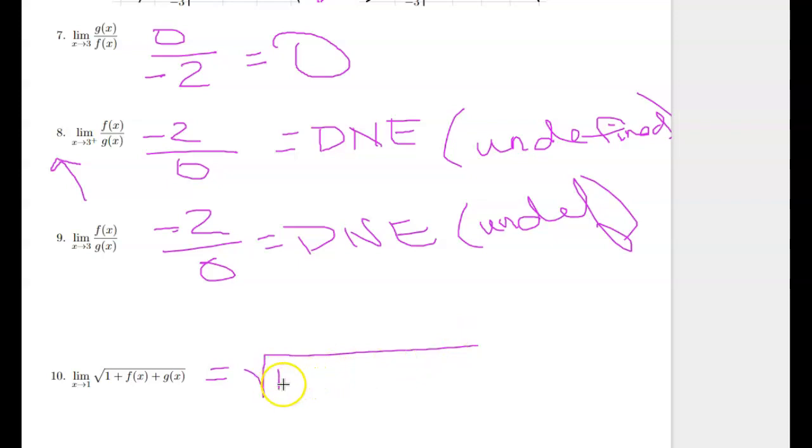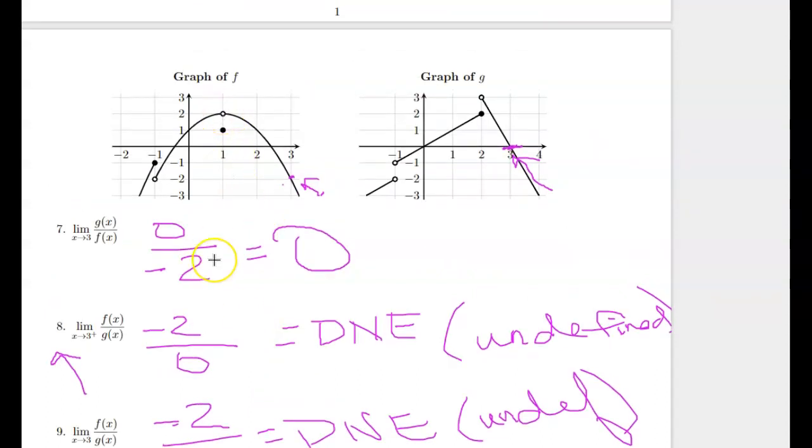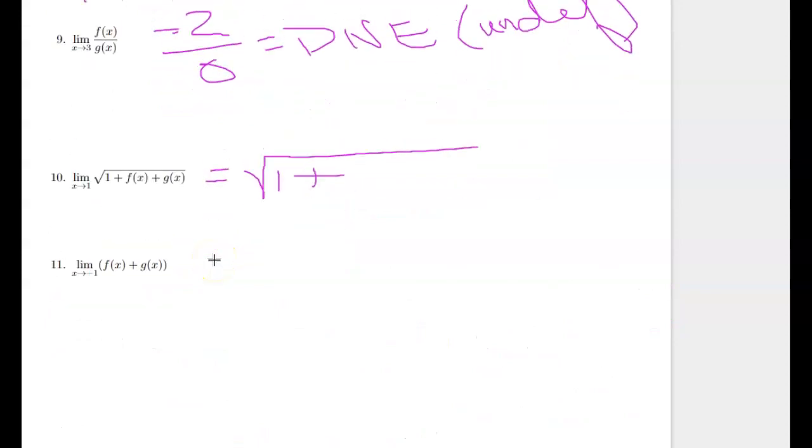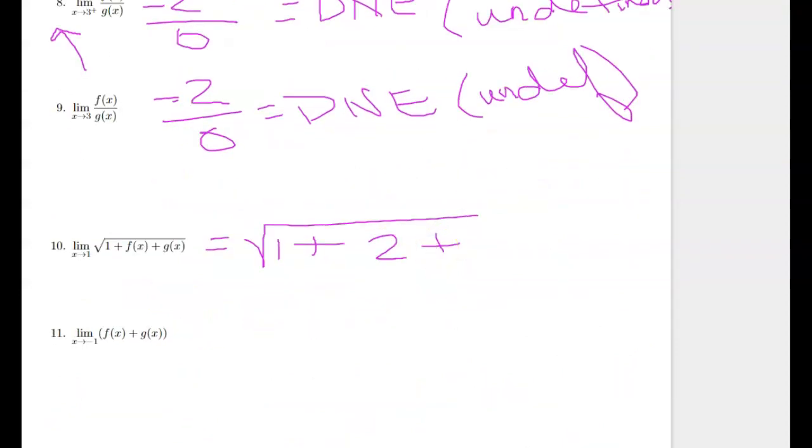It's going to stay 1. And then f of, I want to approach 1. So if I look at f as we approach 1, its limit y value is 2. And then we're going to do it for g. So our limit on g as x equals 1 is 1. So we get root 4, which is 2.